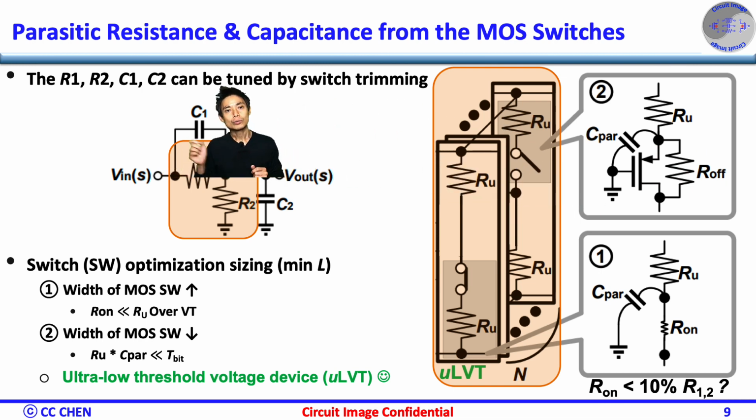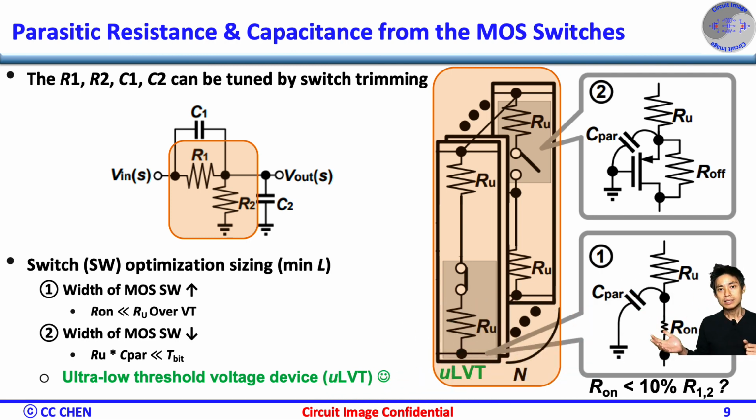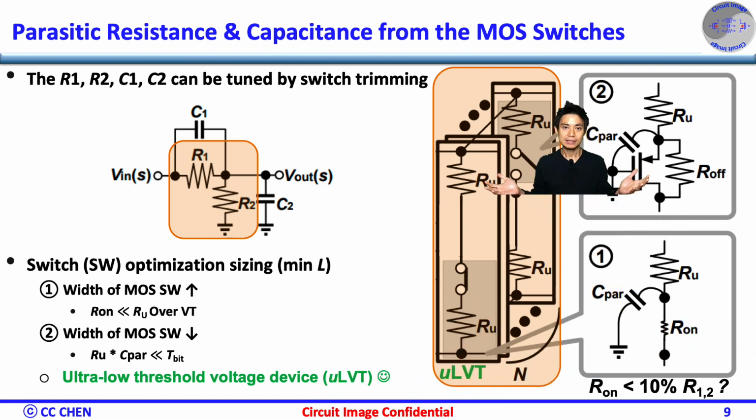On the other hand, we could make the switch in series with the C1 big enough, which would not lower the C1's capacitance value too much, but the extra capacitance from the switch would add another issue, the C1's parasitic capacitance we just discussed. Therefore, we must take advantage of the available ultra-low threshold voltage device, ULVT, in the most advanced technology to size the switch properly in the trade-offs between parasitic resistance and capacitance.